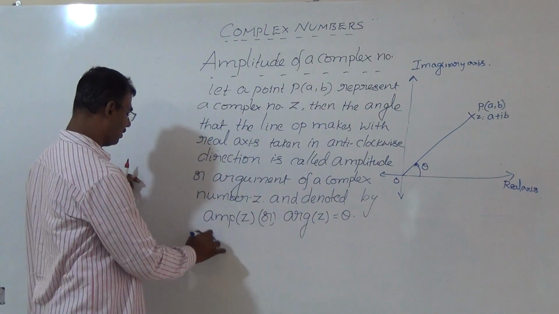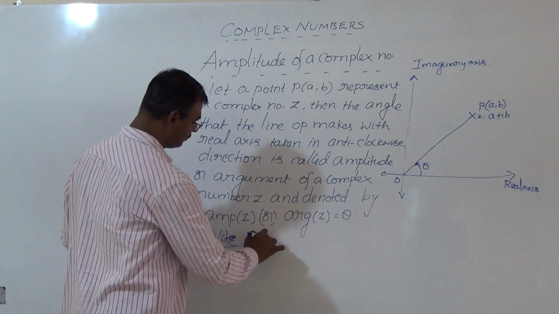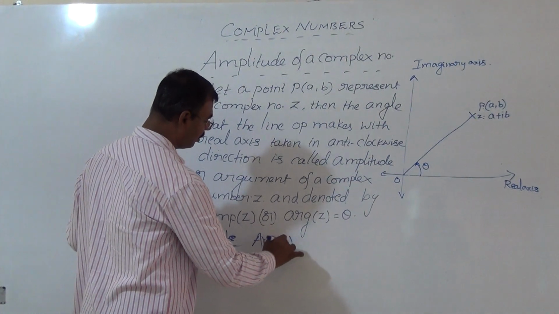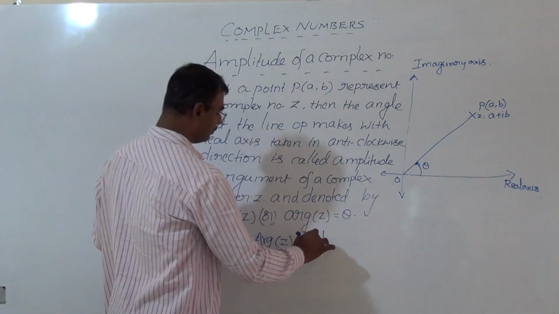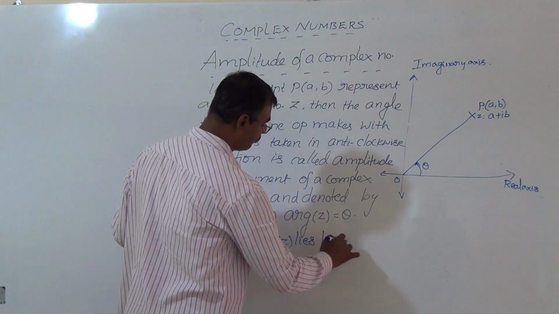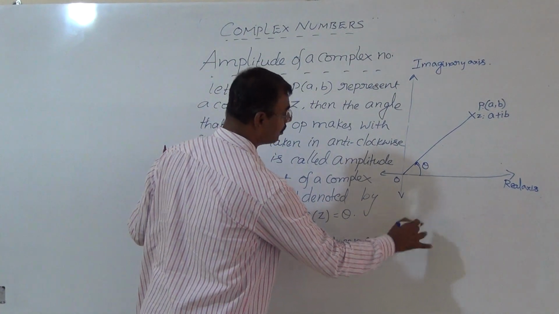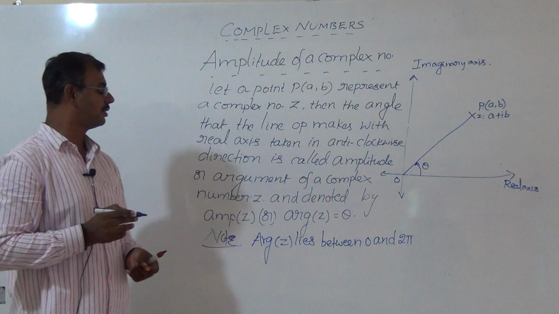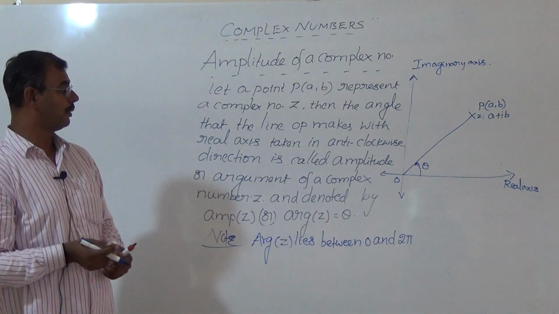So note, arg z lies between 0 and 2 pi actually. Total rotation is equal to 0 to 360 degrees. So arg z lies between 0 and 2 pi.